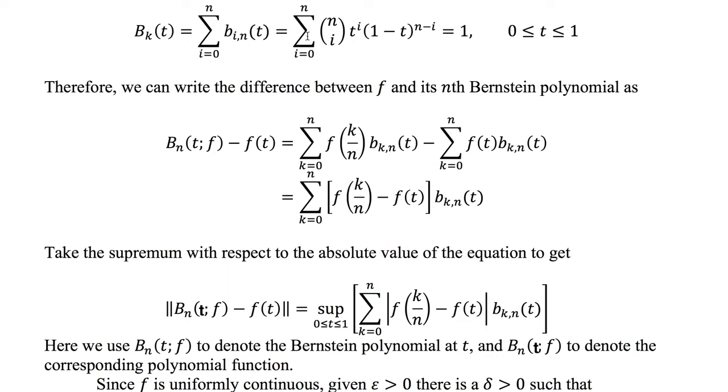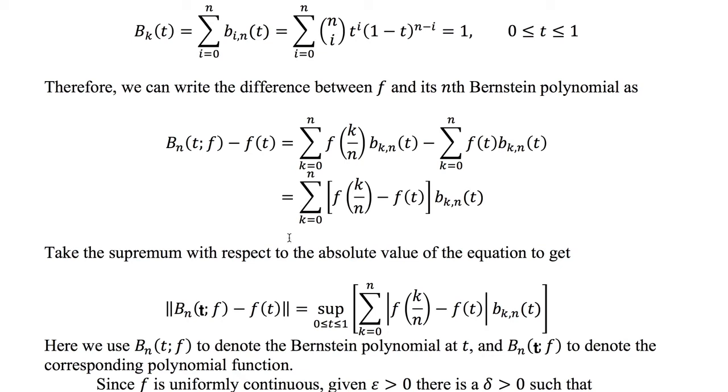And remember that from the above, we know that the summation from k equal to 0 up to n of b_{k,n}(t) is equal to 1. So this is essentially f(t) times 1, and this is equal to f(t). So next, we factor out b_{k,n}(t) from both expressions, and we get the second line here.